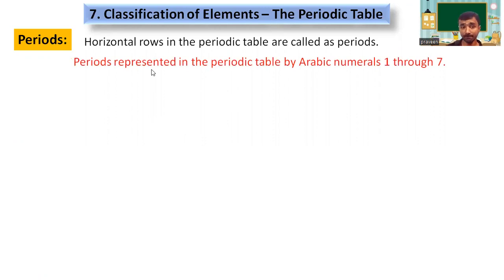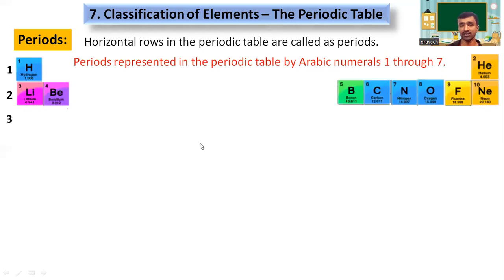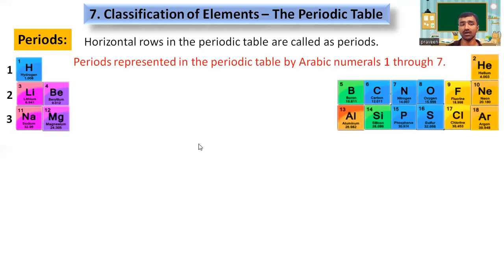Look here, period number 1 has just two elements, hydrogen and helium, the first horizontal row. Then the second period, the second horizontal row, is from lithium to neon. The third is sodium to argon.